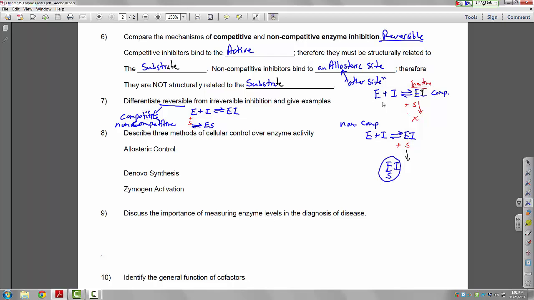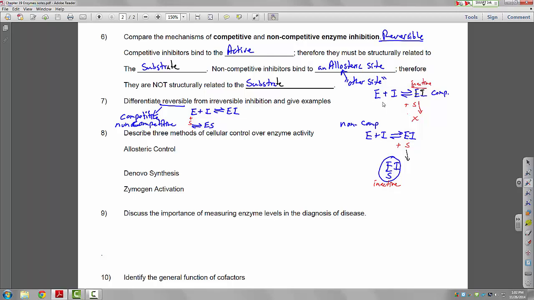So you have this enzyme inhibitor substrate complex where all three are bound together, but this is inactive because that inhibitor doesn't block the binding of the substrate. The substrate's still able to bind the enzyme, but the reaction doesn't occur. Why is that? Well, maybe the inhibitor causes some other change in the enzyme active site, so it doesn't affect the binding of the substrate, but some reactive side chain group of an amino acid is swung out of the way, so it doesn't participate in the reaction. The reaction doesn't work.